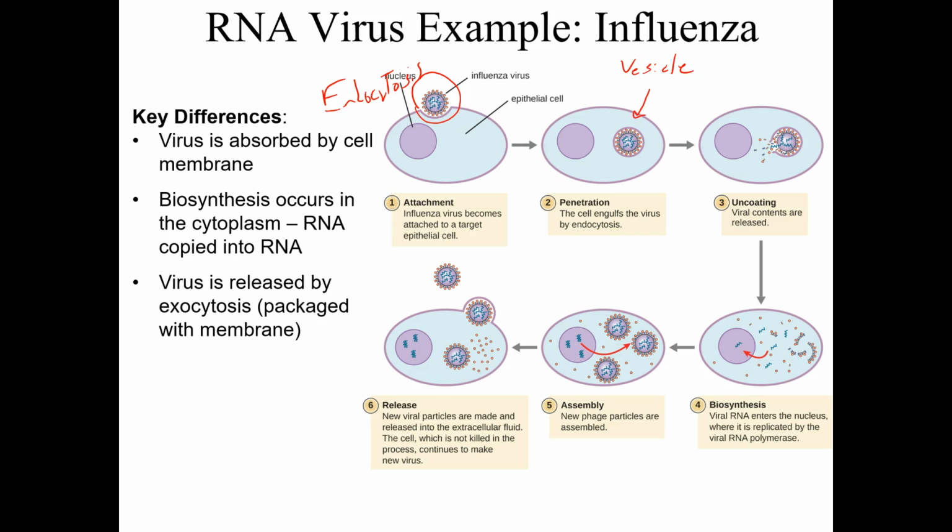And then, when you get to step 3, you get what's called uncoating. You can see the virus looks like it's vomiting out its contents. That's exactly what happens. The virus gets uncoated and empties out its 8 RNA segment genome. So the flu is an RNA virus. Alright, so you get to biosynthesis.